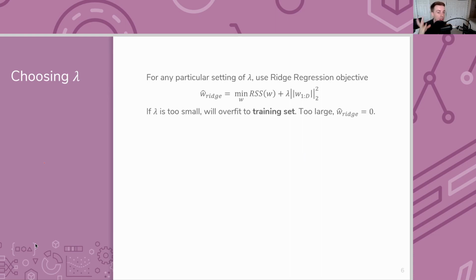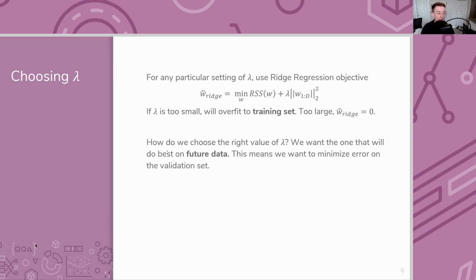We talked about how if lambda is too small, it will overfit the training set, and if lambda is too large, it will force the coefficients to be near 0. Now, choosing the right level of lambda, we want to pick the one that will do best on future data. This means we want to minimize error on our validation set to get a good sense of which one's going to be doing the best in the future.